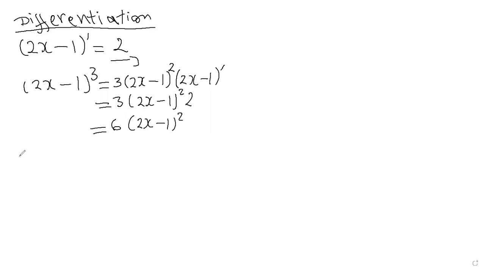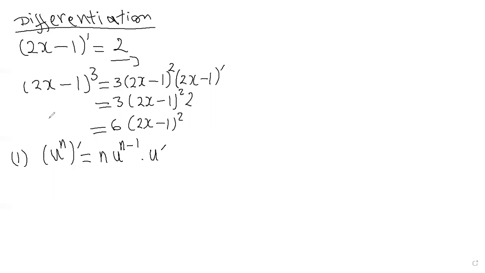So let's go to the formula now. The first formula, like in this case, we call it u. When you have u to the exponent n, how do you derive this? The simple thing to do here is bring n down, write u to the exponent n minus 1, then multiply by the derivative of the function u.